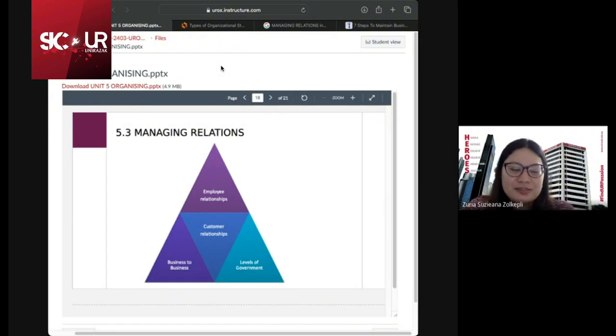Customer relationship is very, very important, I know, because they are the source of your company profit, the source of income, and the main goal of the company is to maximize profit. But again, you have to remember that you have people working for you, which is employees. You have to manage a good relationship with them as well.